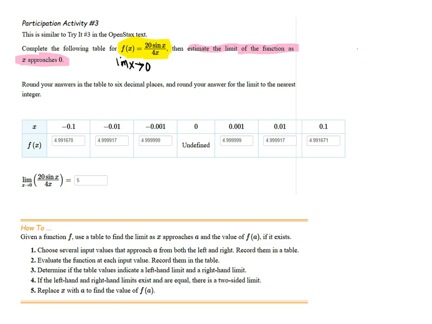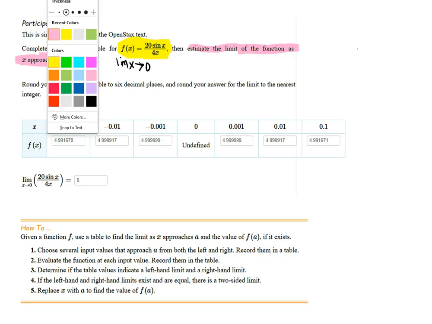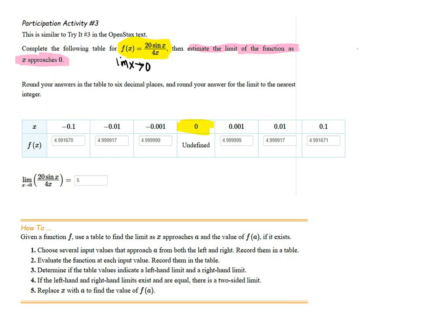So let's approach it from the left and from the right. Of course 0 is right here, and it would be undefined, because if you stick 0 where x is in the denominator, 4 times 0 is 0, and you can't divide by 0. Things implode when you divide by 0. So that's undefined. But I'm going to approach it from the left.